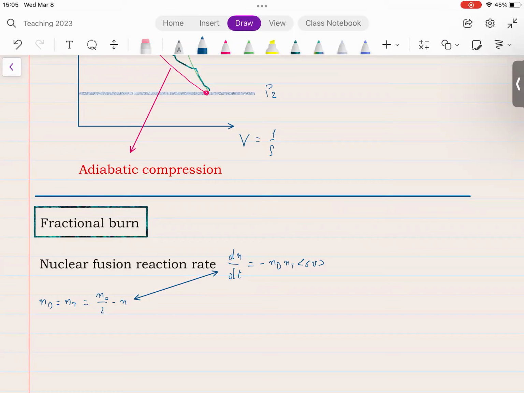The reaction rate is going to depend on time, as each reaction that occurs is going to reduce the number of available fuel ions, and therefore the number of deuterium and tritium ions is going to decrease as the reaction rate.